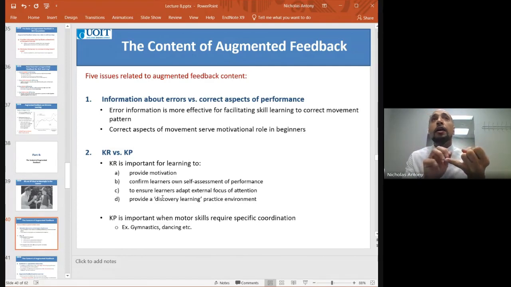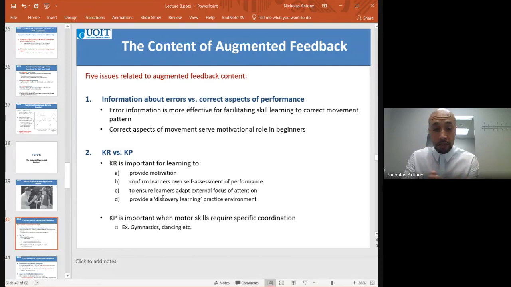Or, as we were talking about earlier in the lecture, with a very difficult skill for beginners, sometimes it's better to initially start with internal focus, so they're aware of their movements. So KP augmented feedback may be appropriate to give beginners when they are learning a new pattern of coordination.